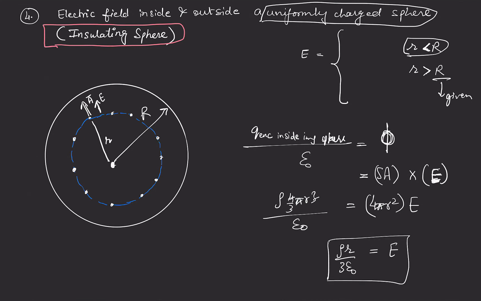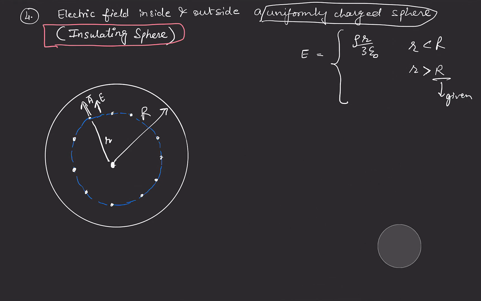So if r is less than R, the electric field at that point is rho r by 3 epsilon naught. And let's say you are not given rho, you are given instead the net charge present inside this sphere.